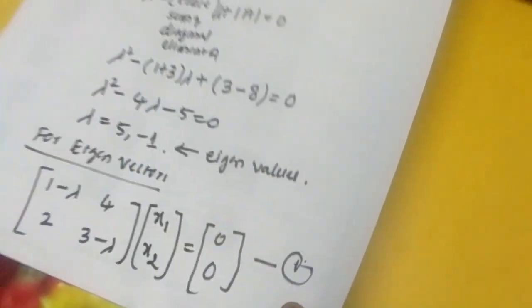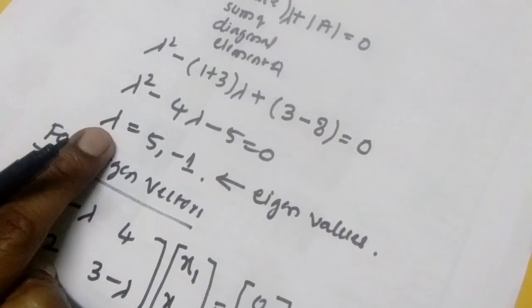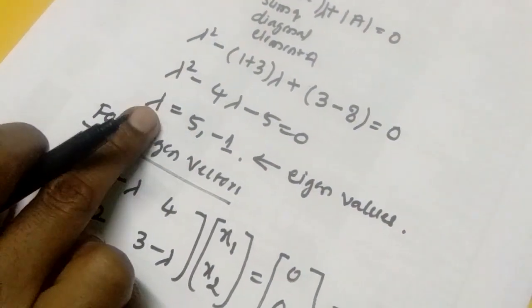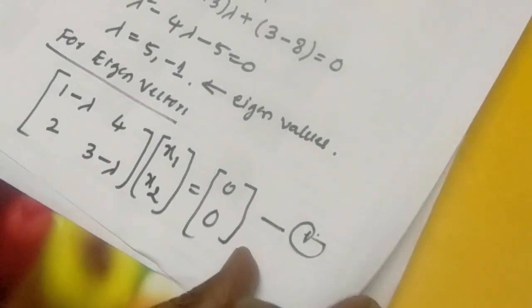I will take this as equation number 1. For this, first we put lambda equal to 5, then afterwards we put lambda equal to minus 1 in this equation.